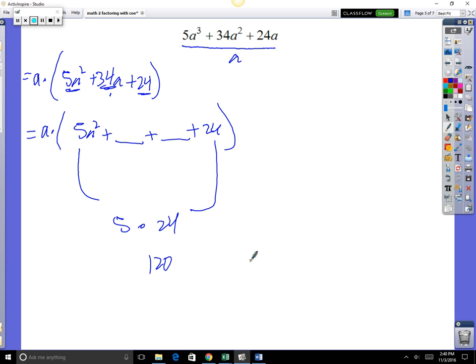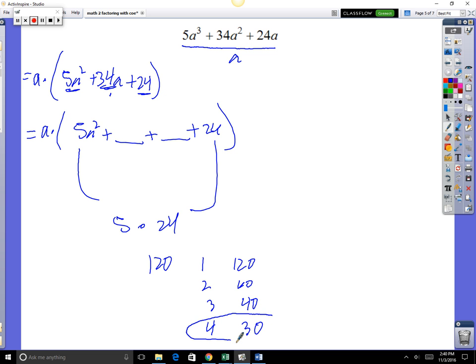If you make a list, there's all sorts of them. 120: 1 times 120, 2 times 60, 3 times 40. Okay, and that's as far as you have to go, because I can make a 30. Oh, no, I have to make a 34. Those two make a 43, so I guess it's not those two. Gotta keep going. 4 times 30.